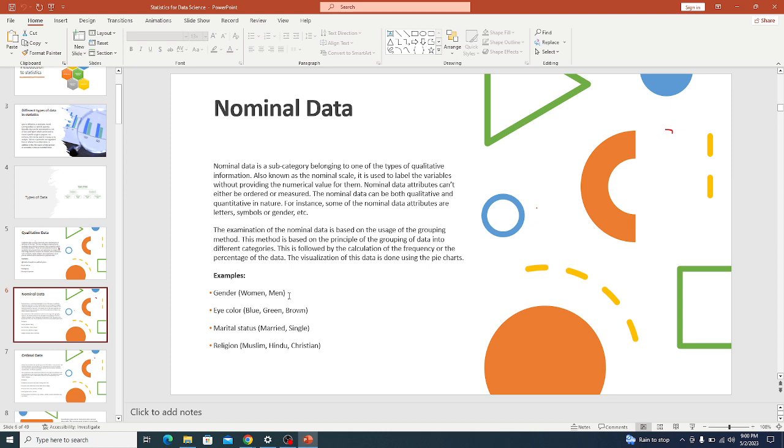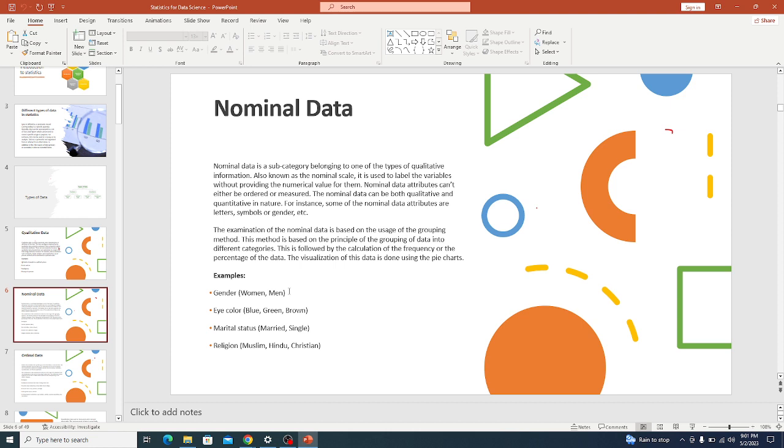Under gender, you can't order gender. You can't order eye color. You can't order marital status. You can order some ratings like customer satisfaction, because you can be dissatisfied, you can be satisfied.